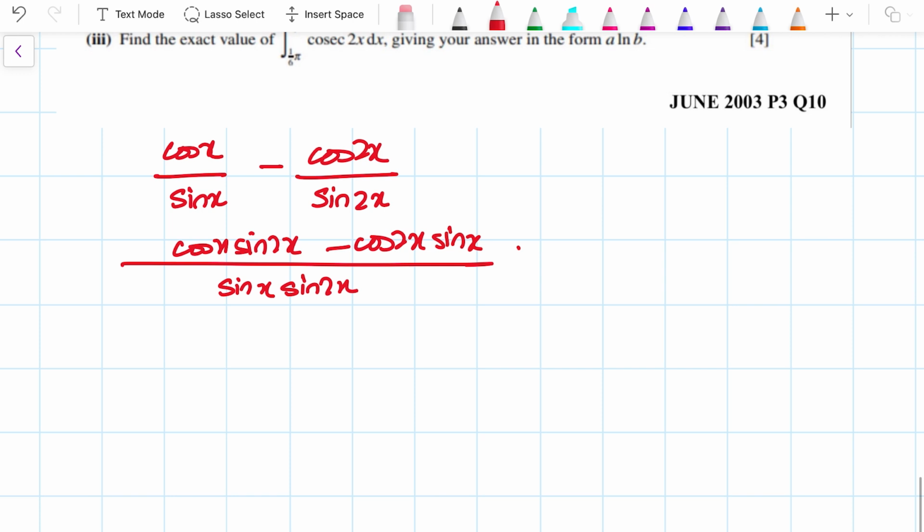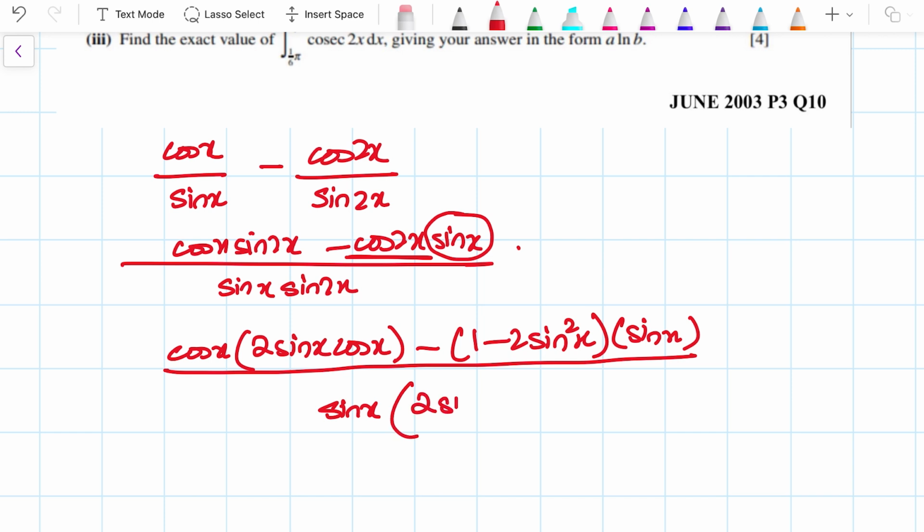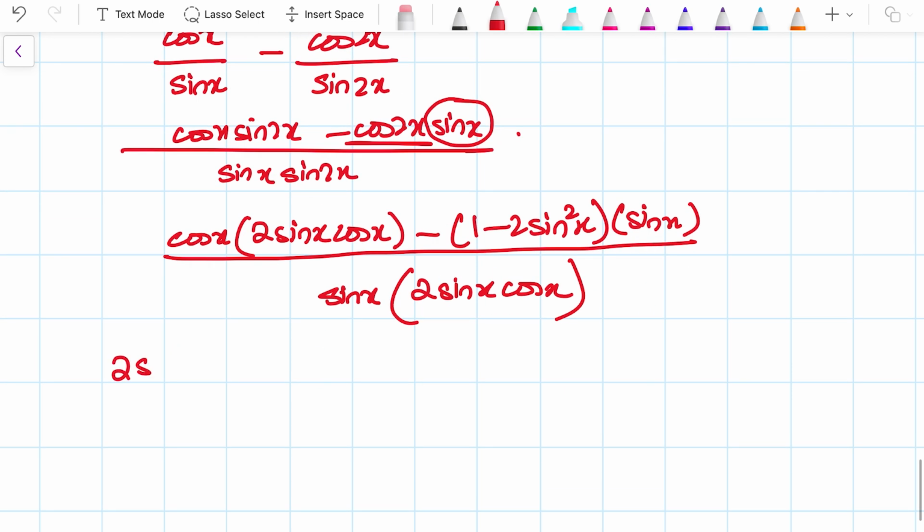All right, let's input the identities. I'm using the sine identity here. Why? Because I have a sine here, so I will also convert this into a sine function. So this comes with practice. 2 sine cos into cos is 2 sine cos square.